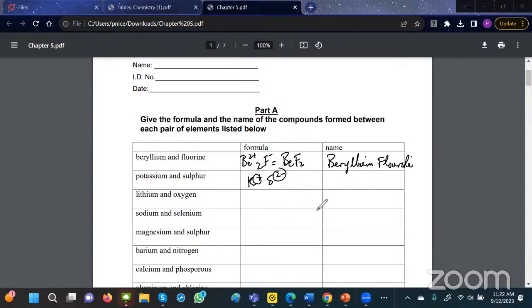So what do we do next? Well, first we get K2S, but we have to write the whole formula. You can't, yeah, that's fine, I'm just showing you how we get to it. So how do we get the charges balanced or canceled out? We have the potassium with the +1 charge, and we have the sulfide with the -2 charge.